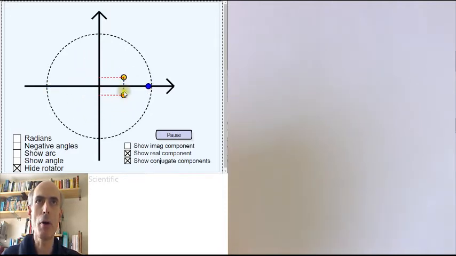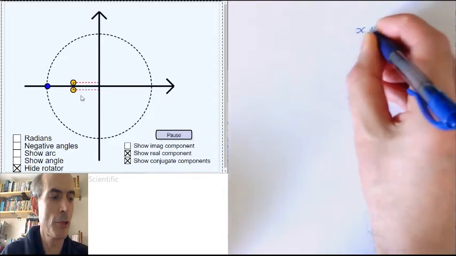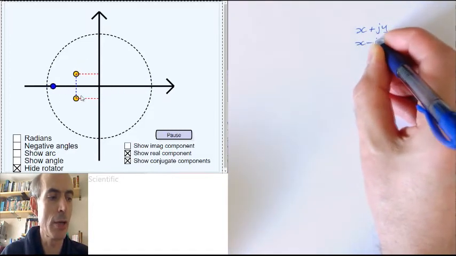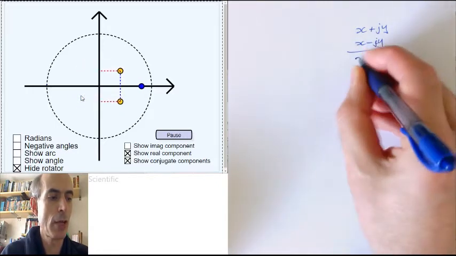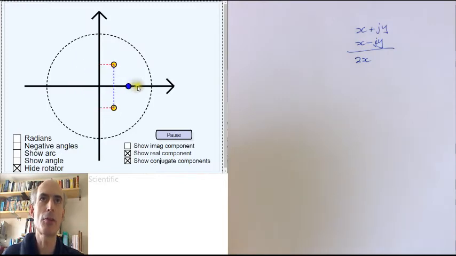And if you add them up, because they are complex conjugates, so that one of them is x plus jy, where the other one is x minus jy, you just end up with 2x, a real number. And that, in this case, gives you this real oscillation in blue, which is on the real axis all the time.